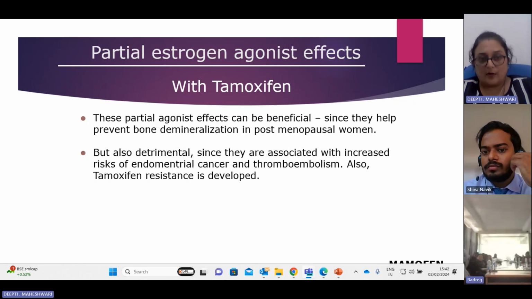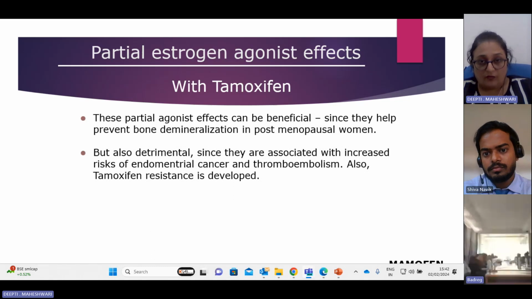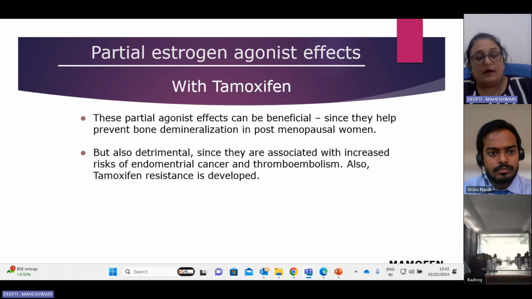See, post-menopause, females generally suffer from bone demineralization. What is bone demineralization? Bones are made up of different minerals, especially calcium, magnesium, and such. So after the menopause, most of the women suffer from bone demineralization because their minerals reduce. The quantity of the minerals in their bones starts depleting, like calcium, magnesium.